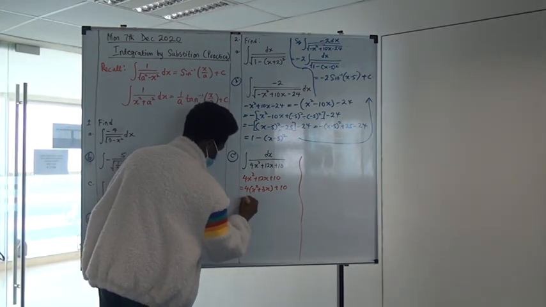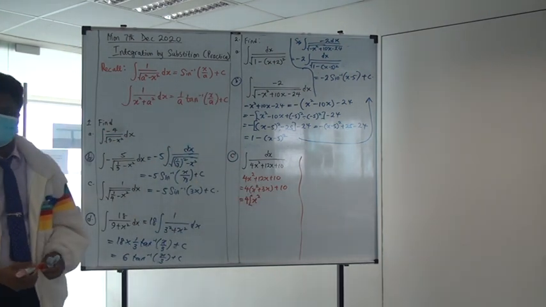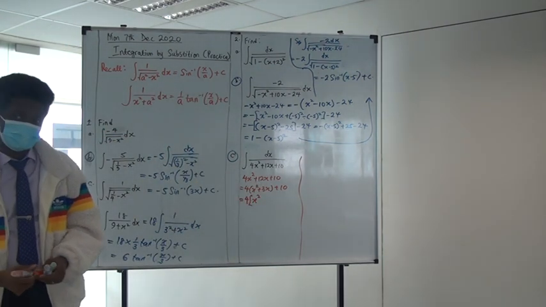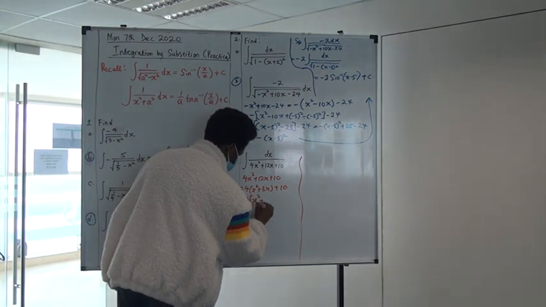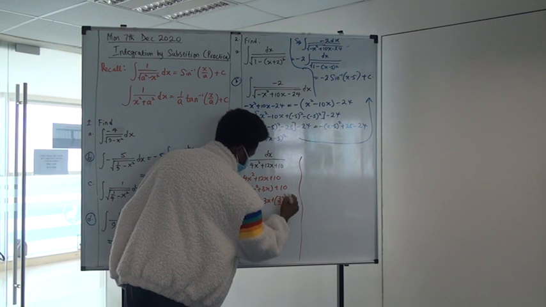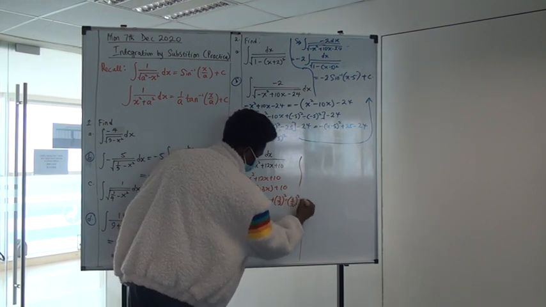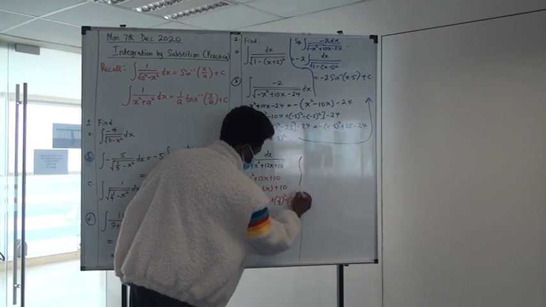So this is going to be 4x squared. What do you add to x squared plus 3x to make it a perfect square? 3 over 2. So you get x plus 3 over 2 minus 3 over 2 squared. Then you still have your plus 10 waiting outside this bracket.